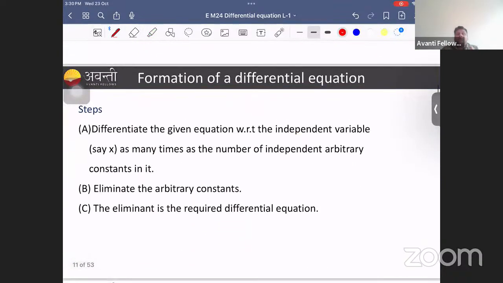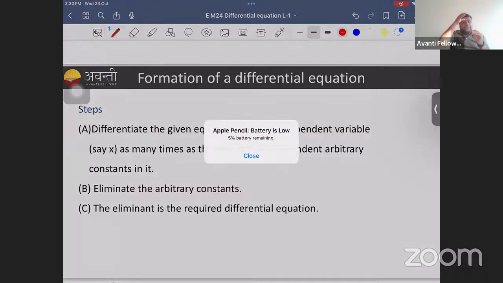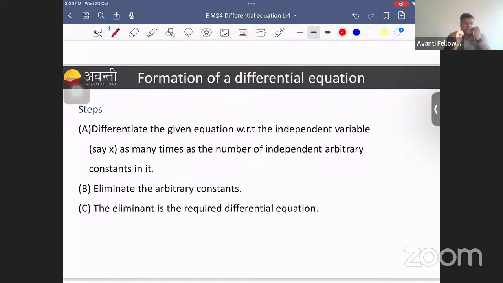Now, how do we form a differential equation? All right. So to form a differential equation, we first of all differentiate with respect to the independent variable, say x, as many number of times as there are independent arbitrary constants.